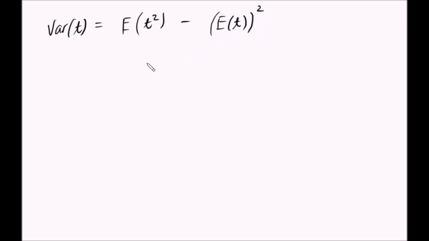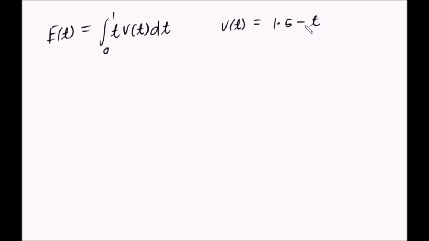So what do we find? Variance of t, which of course will be the expectation of t squared minus the expectation of t squared. So let's find the expectation of t first. Now the expectation of t means we integrate t times our probability density function f(t) dt. It says t ranges from 0 to 1, and our probability density function is 1.5 minus t.